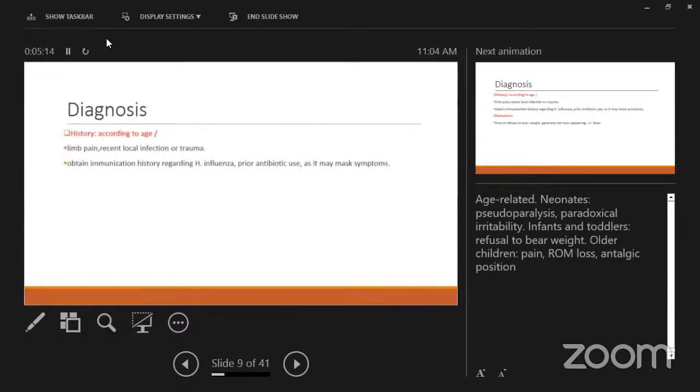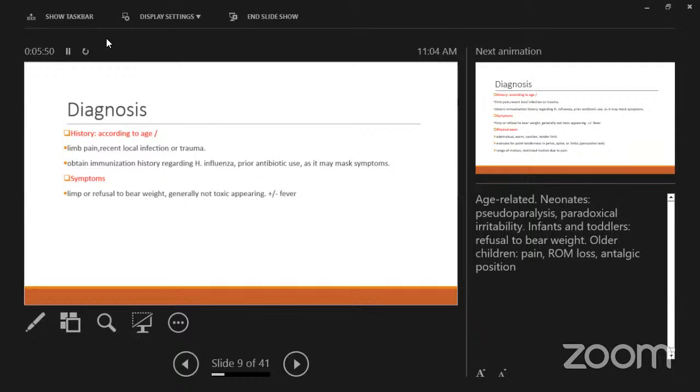Diagnosis: we start with history, clinical exam, and lab and imaging. In history, it is according to the age. You know, in pediatrics, we have a diversity of ages, starting from neonate, child, toddler, and after that the young, near to maturity. So in a neonate, usually the patient comes with pseudoparalysis and paradoxical movement.